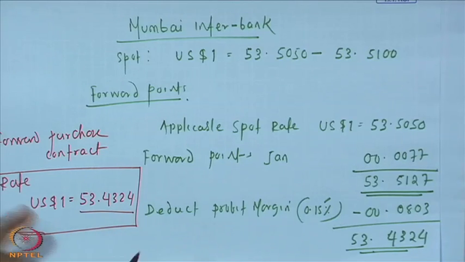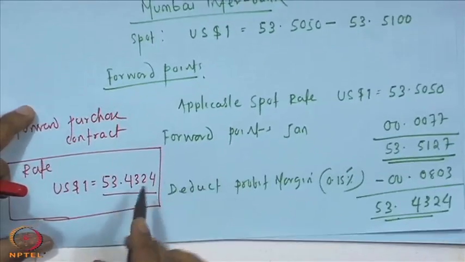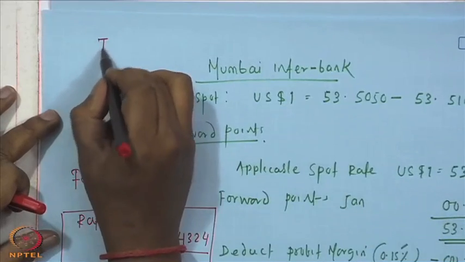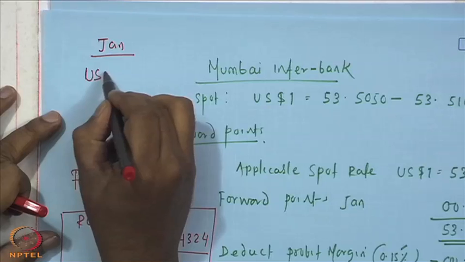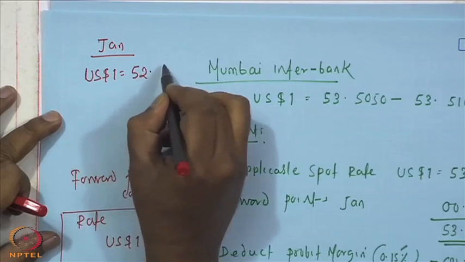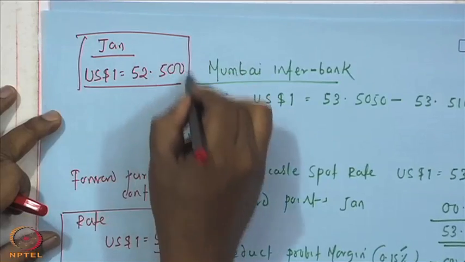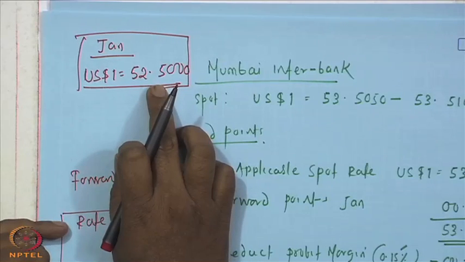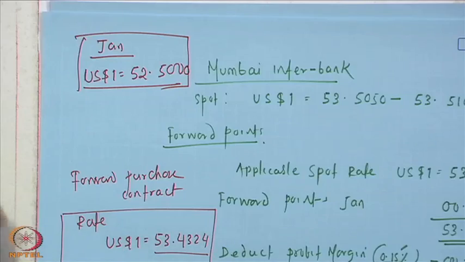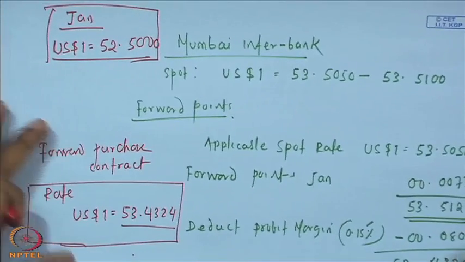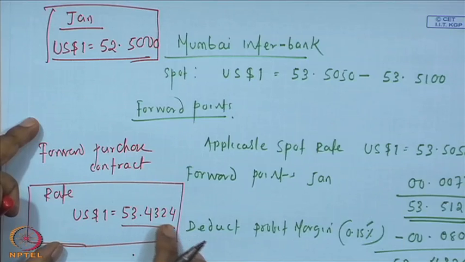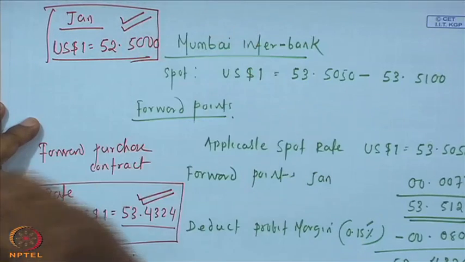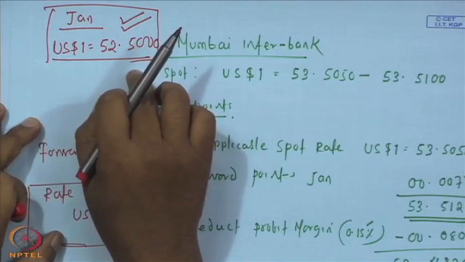Suppose in between the rupee appreciated, and in the month of January, 1 US dollar becomes 52.500. What will happen? Since the rupee appreciated, the market rate per dollar in January is 52.500, but in between the exporter has signed a contract with the authorized dealer at 53.4324, he will be getting this rate only, because the contract is valid.